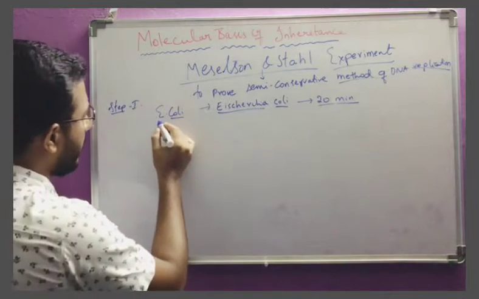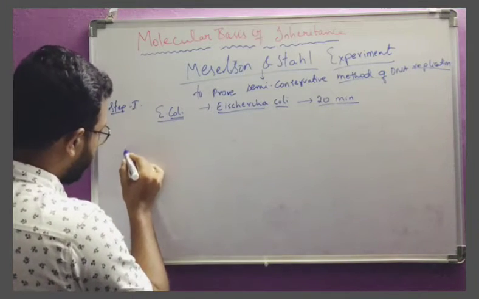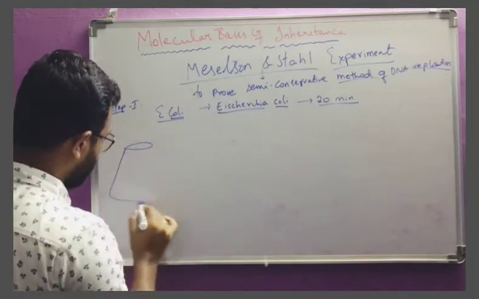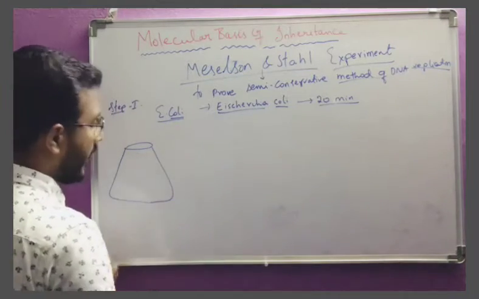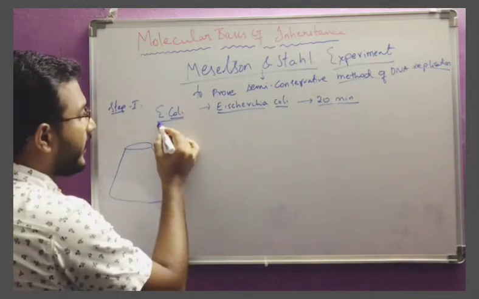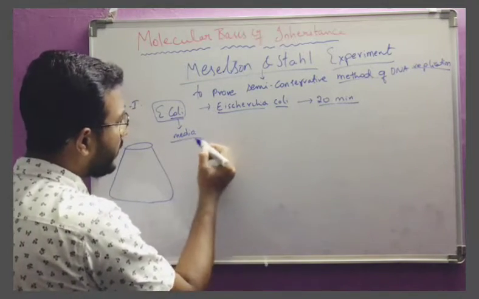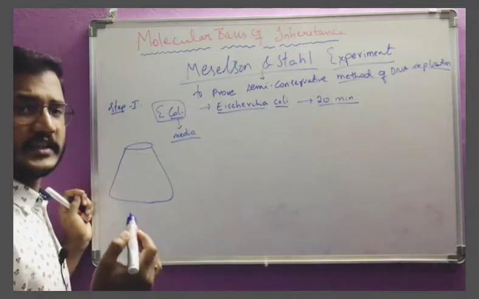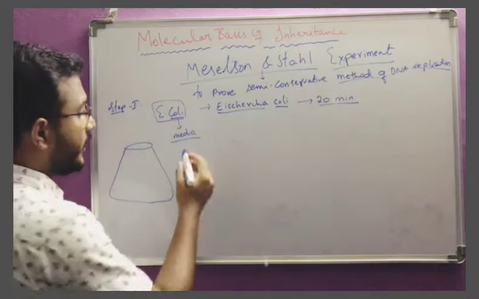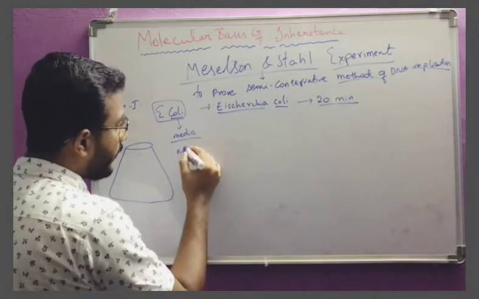So in the first step, actually you know that the bacteria needs media for its growth. Media is nothing but, as we already discussed, what is media? It is a nutritive media which contains nutrients.